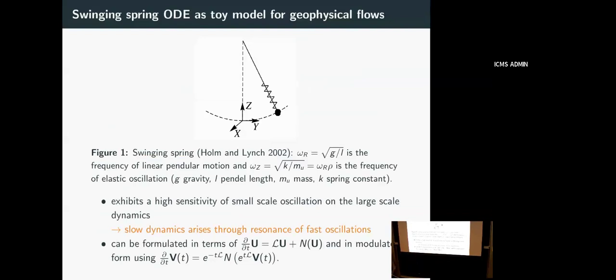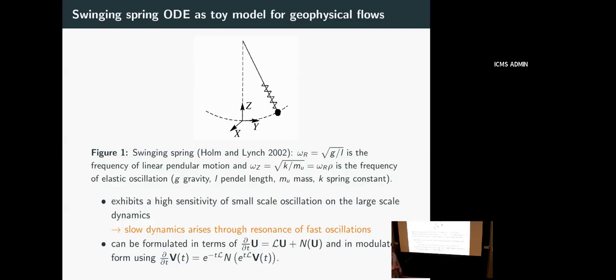The swinging spring model is a pendulum that swings like that, but it has a spring, so it goes like that. And by a nice selection of frequencies, it swings like that, and it has a precession, so it does like that, and then like that. It makes a star shape, just because you select nice frequencies.